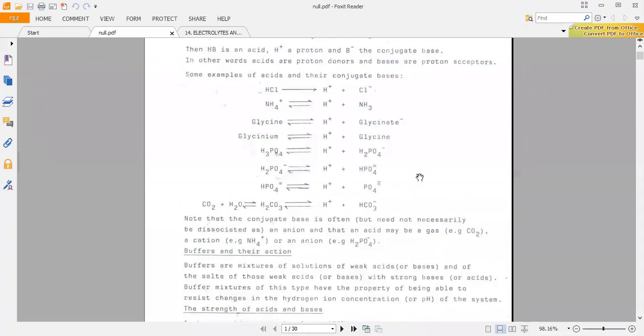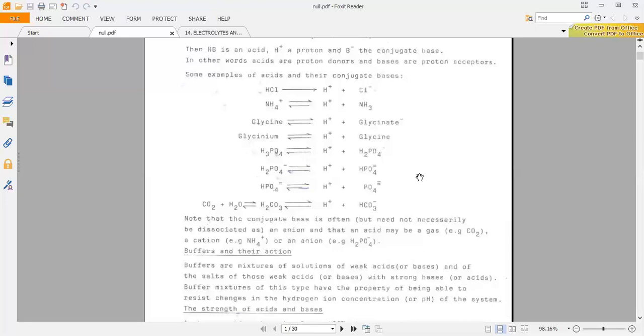Now, in order for the body to maintain such limits of pH, the body must have a specialized system called the buffer system. As we remember from high school, a buffer system is a system that is able to maintain its pH irrespective of addition of either acids or base.